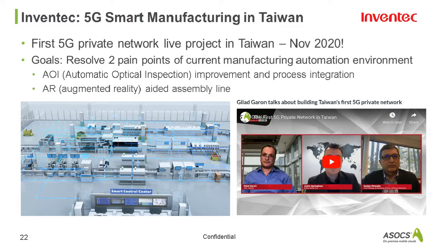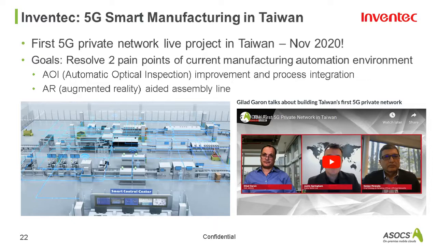But in some advanced markets, such as Taiwan, and Marcos mentioned Japan and Germany as industrial countries that have a solid shared spectrum policy, Taiwan is very similar in its attributes to Japan and was very fast to adopt these technologies. And of course, it is a highly industrial venue. Therefore, Taiwan was a hotbed and a hotspot for ASOCs and its partners to deploy 5G private networks.